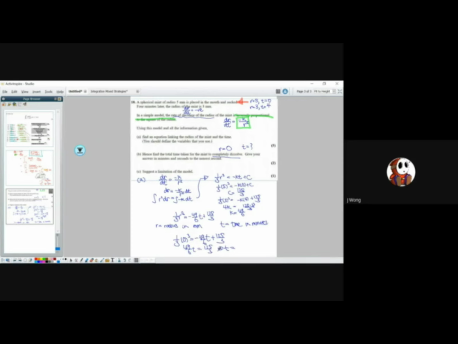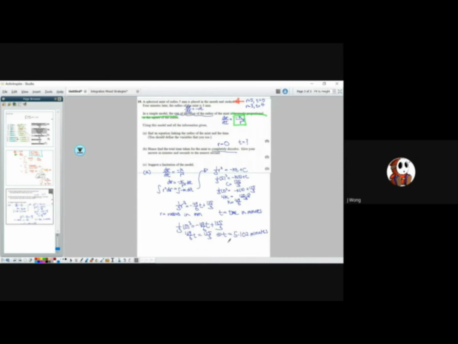So you have 125 over 3 times 6 divided by 49. So you have something like 5.102 minutes. And they want us to give the answer in minutes and seconds, to the nearest second. So we will have 5 minutes and additional 0.1 minute-ish.